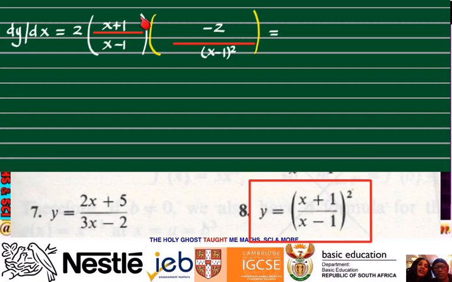The minus 2 and that 2 is minus 4, so I can write that we got minus 4. Inside the bracket we got x plus the 1, and then we can divide everything by that, and that will give me cubed because they're like same base, x minus 1 to the power of 3. So I can simplify up to this point. So far so good.